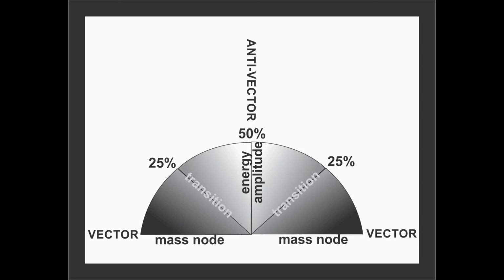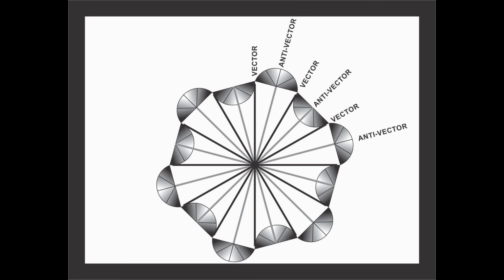The energy amplitude position is defined as an antivector because, from a mass perspective, it is not perceptible, but from an energy perspective, it is perceptible. The equalized field is then divided by 12 vectors and 12 antivectors, with the midpoint between vectors and antivectors defined by a neutral transition state.